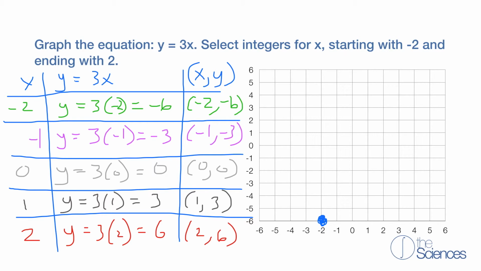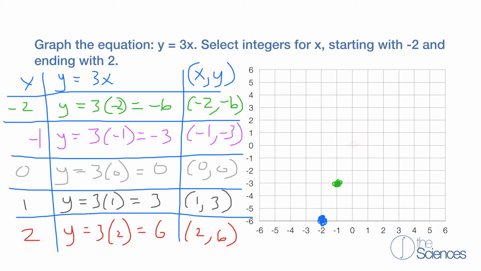So now we have -1 and -3. We're going to go to -1, and then we're going to go to -3. So here's our second point. Now we have a point of 0, 0.